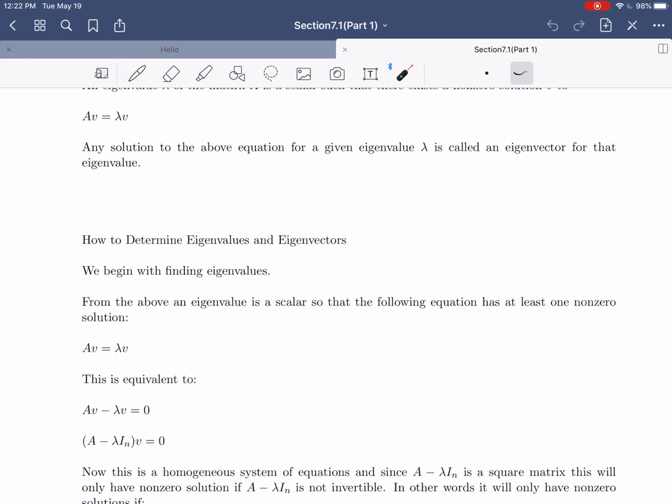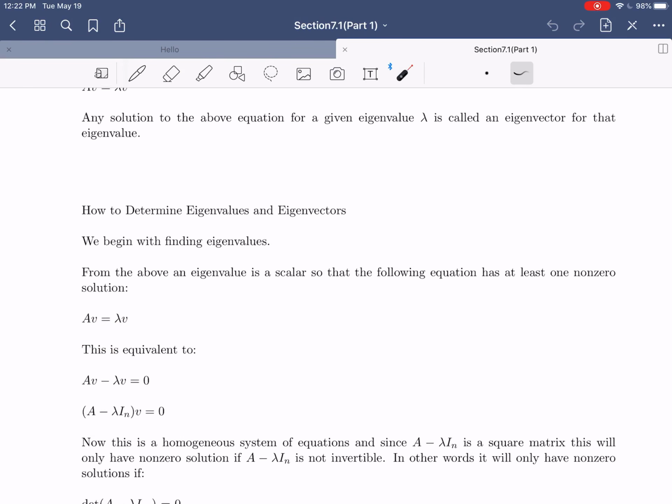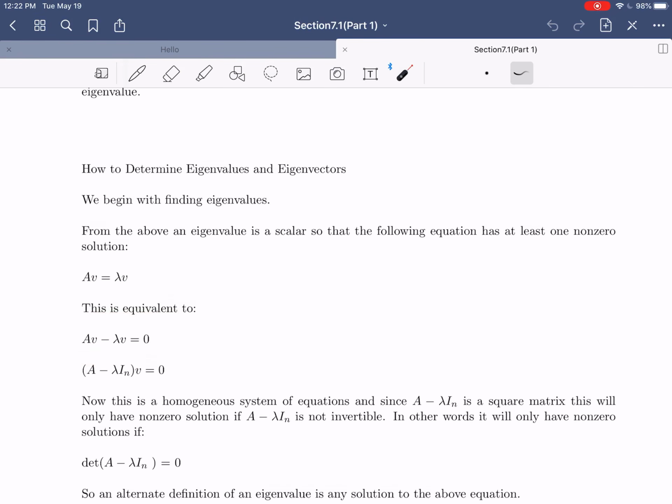So, from the above, an eigenvalue is a scalar so that the following equation has at least one non-zero solution. We're starting with this equation, AV equals lambda V. If we bring that lambda V onto the other side, we get this vector equation: AV minus lambda V must be equal to 0. And of course, the 0 on the right-hand side is not the number 0, it's the 0 vector.